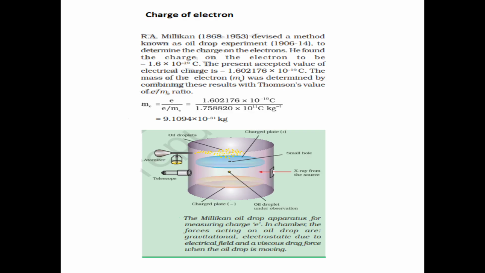The mass of the electron was determined by combining this result with Thomson's value of the e/m ratio. The mass of the electron was found to be 9.11 × 10^-31 kg. Below is a diagram of Millikan's oil drop experiment apparatus.